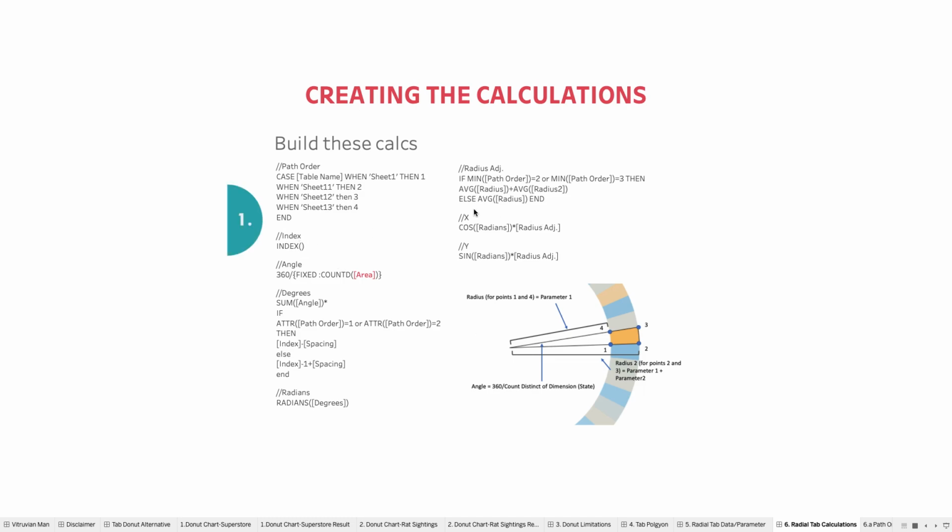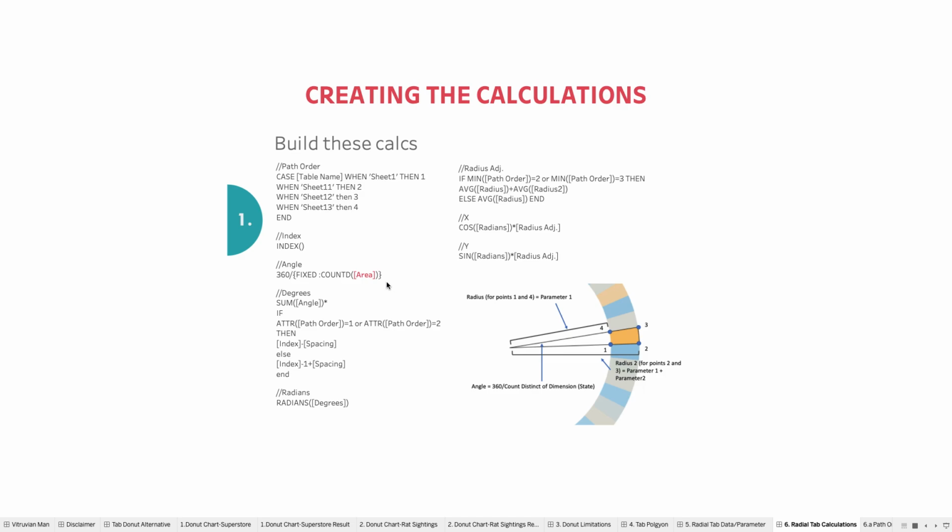We're going to use index, and that is going to allow us to count around this circle for each of our dimensions and assign them 1, 2, 3, 4, 5, etc. The angle is, you're going to take whatever dimension you want to determine these slices, so to speak, or these tabs. You want to know how many you have.